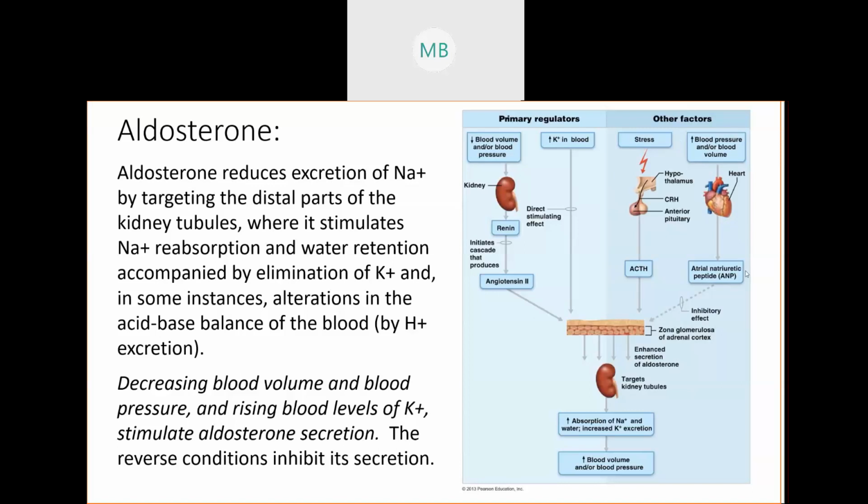Okay? So essentially, when ANP is released, it halts some of this other function, and it will make you urinate out sodium in your urine. So you're getting rid of the extra sodium.